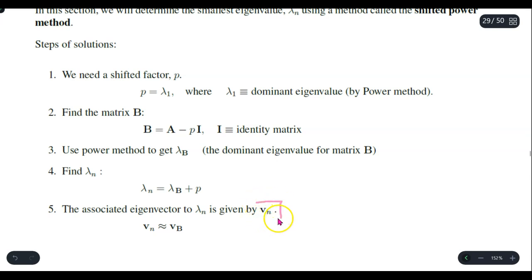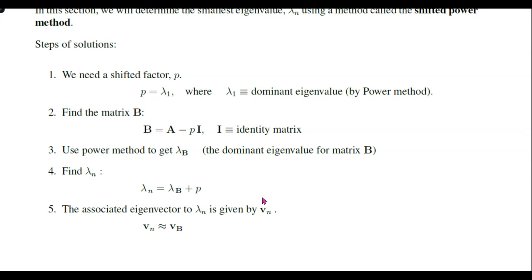We know this Vn from the solution of step number 3: when you get your lambda B, you also get the associated eigenvector to the lambda B. So Vn is approximately Vb. Those are the steps of solution in the shifted power method.